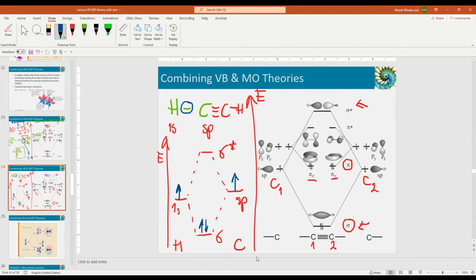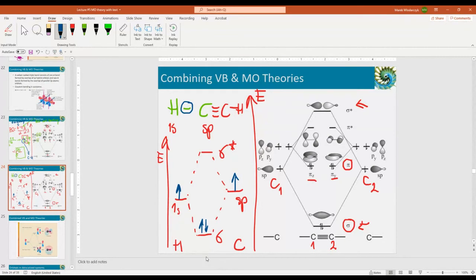Since there's only one electron from each element available for this formation, the anti-bonding orbital will remain empty. Now you have the full diagram for the CH bond formation in acetylene, okay?